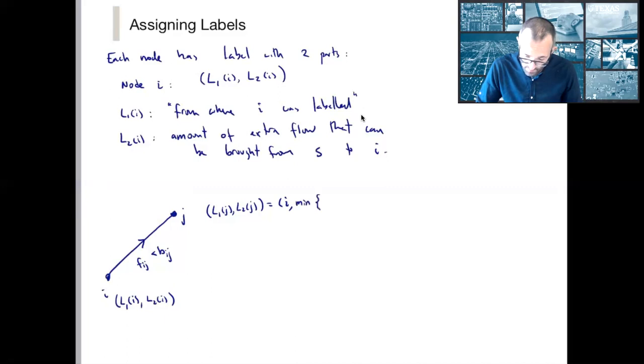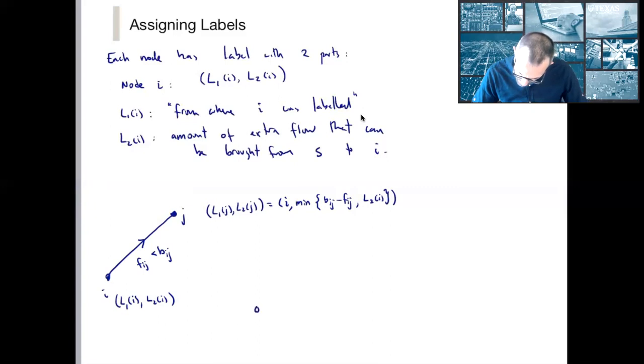And so it could be as much as Bij minus Fij, but it can't be that much if there was some bottleneck earlier on, and L2 of I, and we couldn't get enough flow to I. So that's going to be a min between the excess capacity, Bij minus Fij, and how much I was able to get to I. So that's how we label when we scan a forward edge.